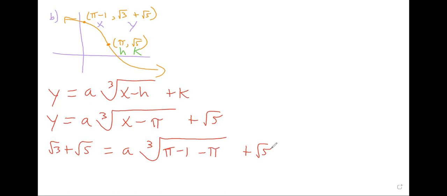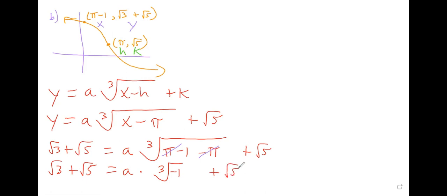And let's see here. Look inside the radical and look at what happens with the pi. The pi and the minus pi knock out, right? Bye-bye. And all you're left with is -1. So this is square root 3 plus square root 5 equals a times the cubic root of -1 plus the square root of 5.